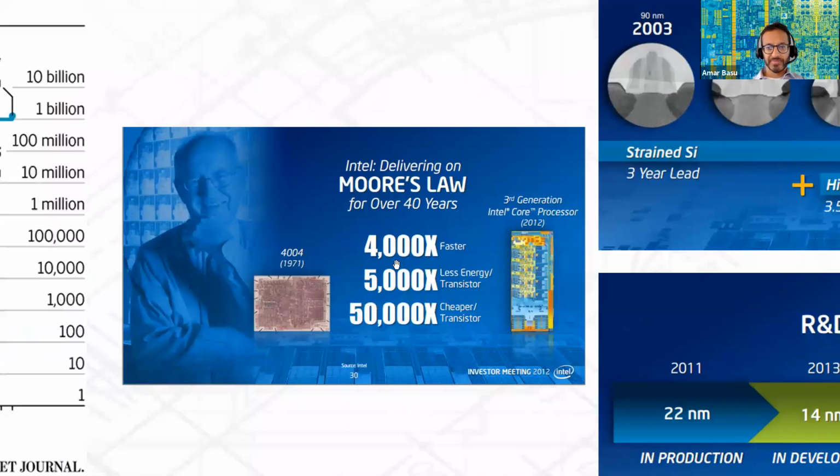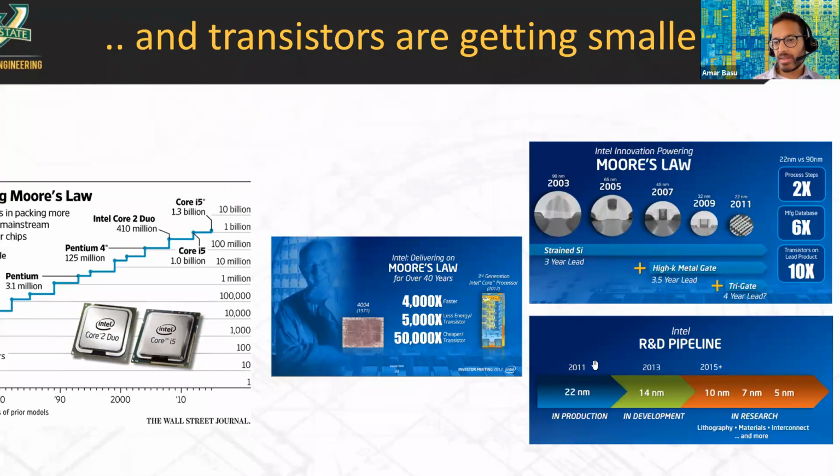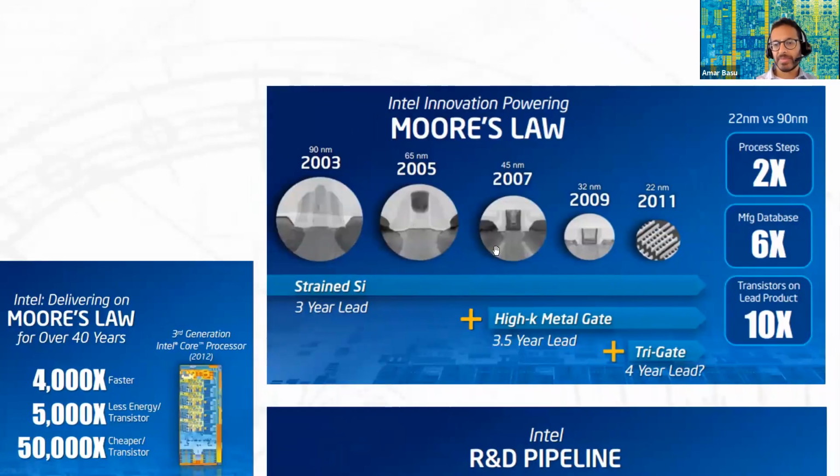These were some numbers that Intel likes to talk about: 4,000 times faster, 5,000 times less energy, 50,000 times cheaper. This was an interesting slide that showed some of the process innovations that needed to be done.